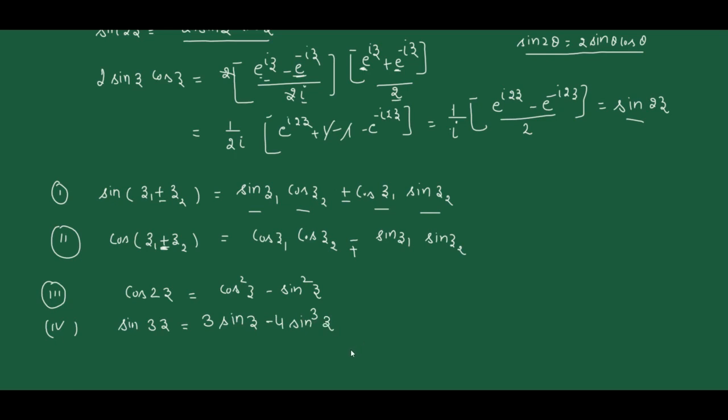You can extend any other trigonometric identity, as we have done in the lower classes for real variables, to complex variables, but the only thing is that you have to stick to the fact that sine z is e raised to power iota z minus e raised to power minus iota z by 2 iota. Only use these simple results and you will get through the proof of all these expressions. These are our basic formulas which will help you to prove all these identities.